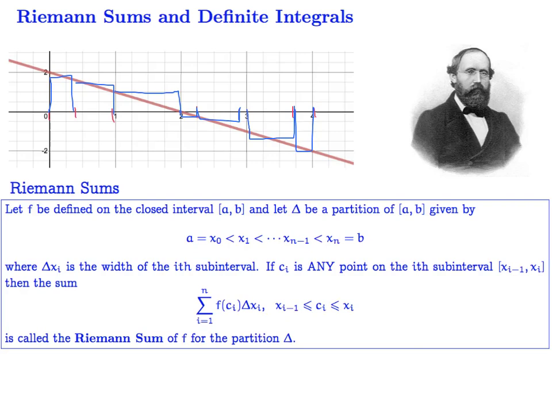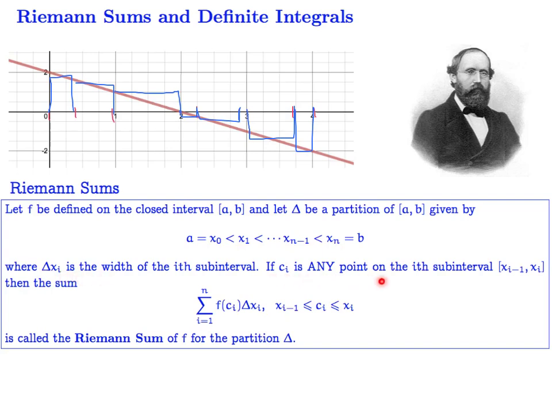So this Riemann guy was so crazy that he ended up having this whole thing named after him. They're what we call today Riemann sums. A Riemann sum says you take any function, as long as it's defined on the closed interval, doesn't have to be positive or negative, and let delta be a partition of [a, b]. Basically these are the points that define the edges of your rectangles, and you give them each their own width.